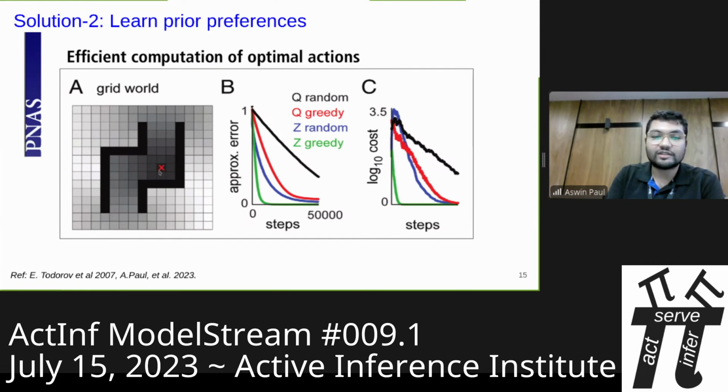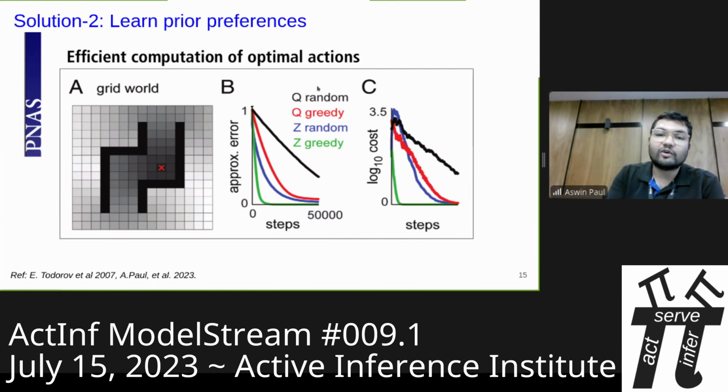So if this crosses your final goal state, what the agent in this paper, or the Z-learning method in this paper, is trying to do, is learn this desirability function as optimally as possible. And what has been shown in this paper is that if you try to learn the desirability function using a particular learning rule, it is computationally far more efficient than even Q-learning, which is a well-known reinforcement learning algorithm.